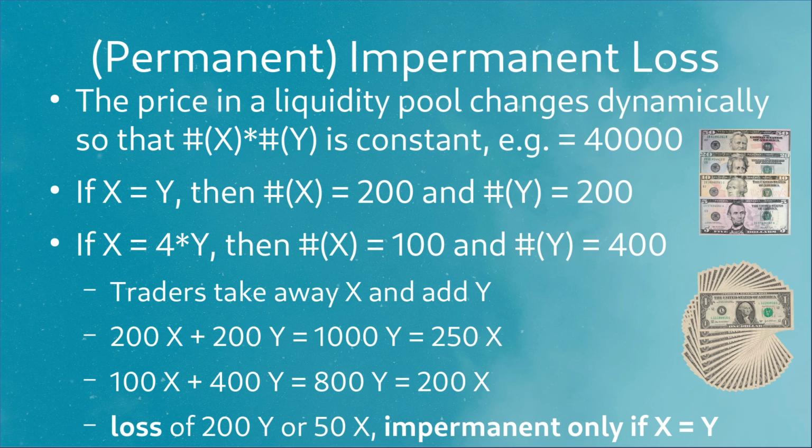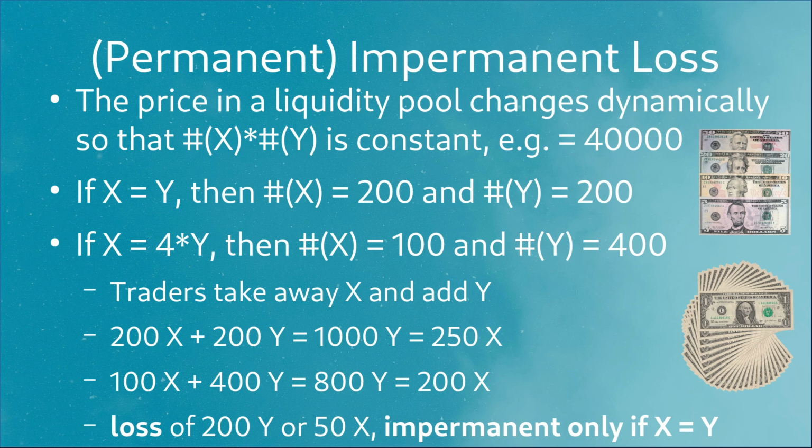So if the multiplication of the amount of both tokens will be 40,000 and the price of both tokens would be the same, then you would have 200 of each tokens. Why? Because 200 multiplied by 200 is 40,000 and 200 divided by 200 is 1.